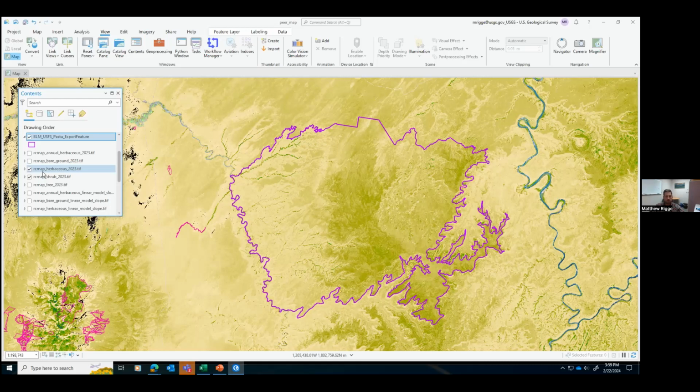So what that gives you is sort of the modern, if you will, best case scenario in terms of vegetation cover. Is that the same thing as site potential?